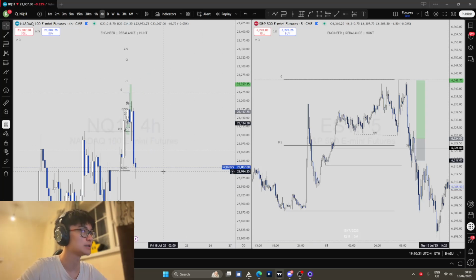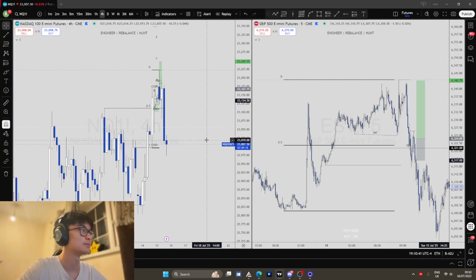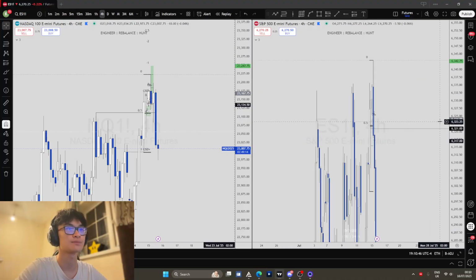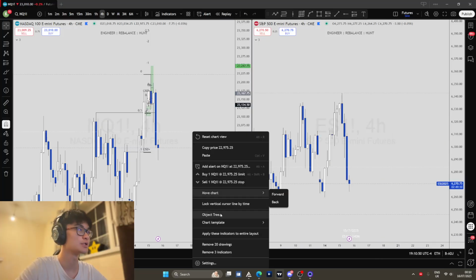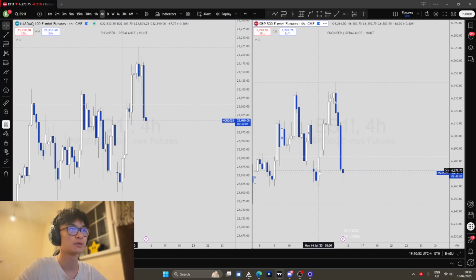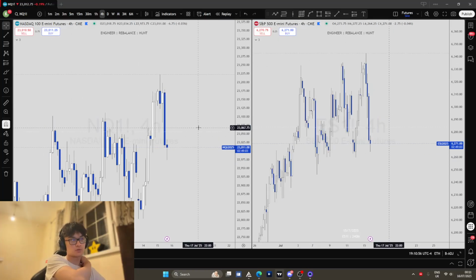Tomorrow actually looks pretty nice if we form this fair value gap. Let me take a look at ES. Yeah, it does look pretty bearish for tomorrow.